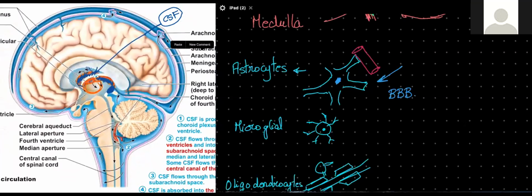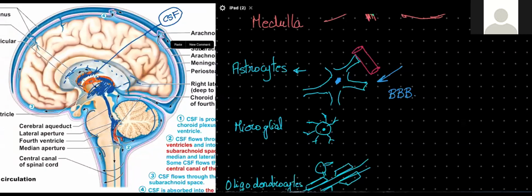So this cerebrospinal fluid is going to be circulating in the lateral ventricles, then gets drained to the third ventricle located in the diencephalon, then travels through the cerebral aqueduct to reach my fourth ventricle, which is going to be located between the pons and medulla on one side and the cerebellum on the other side.